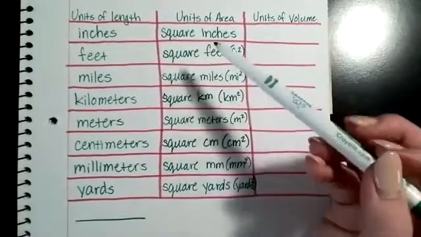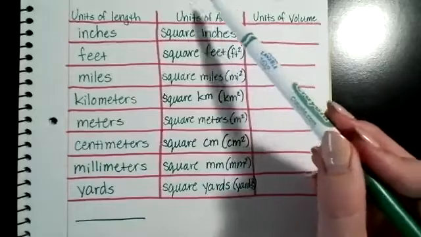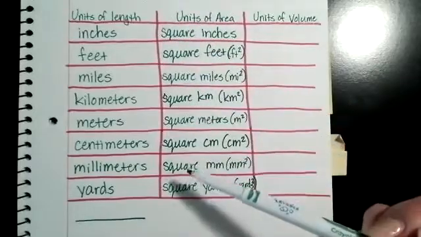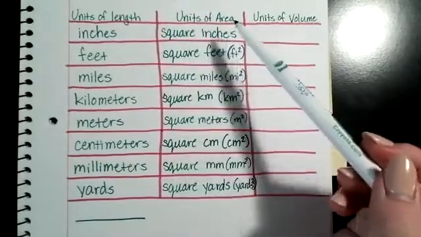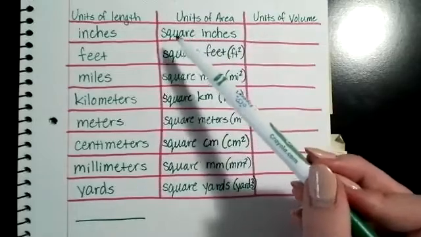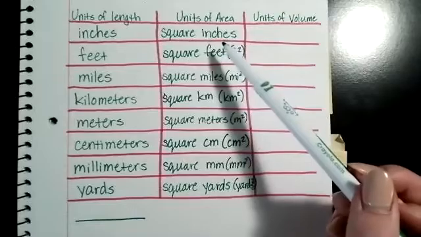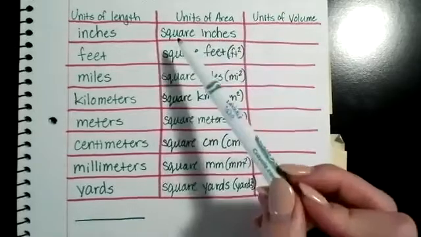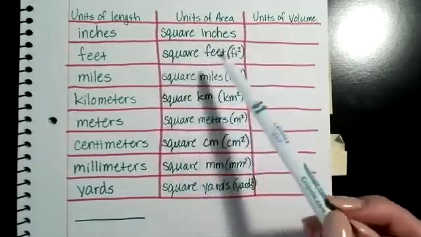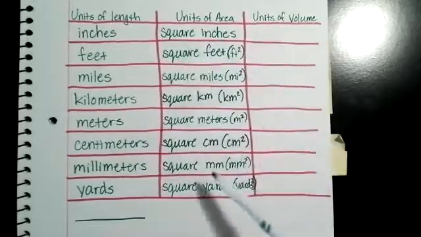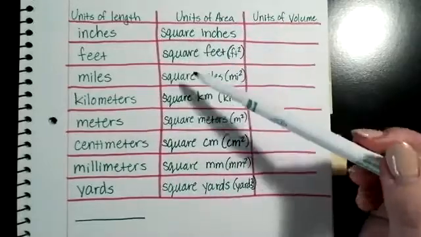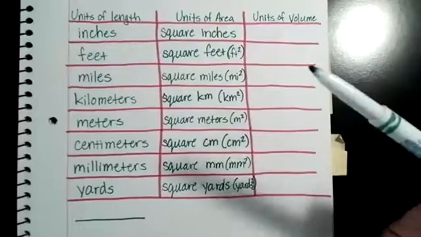All right, so if you will notice, in all of these measurement types, when we're looking at units of area, every single one is square and then the type of measurement that we're using, right? So square inches or square feet or square miles, whatever it is, if we're talking about area, we are talking about a square. Now, why is that?